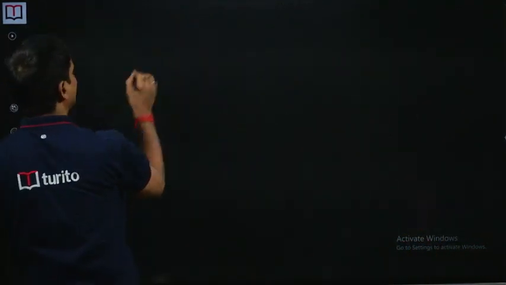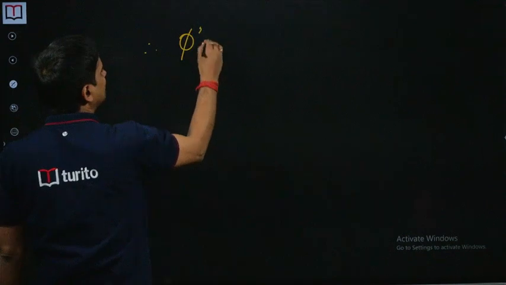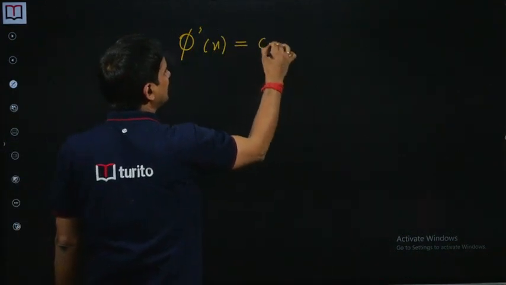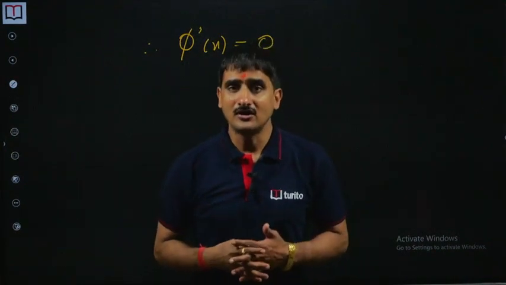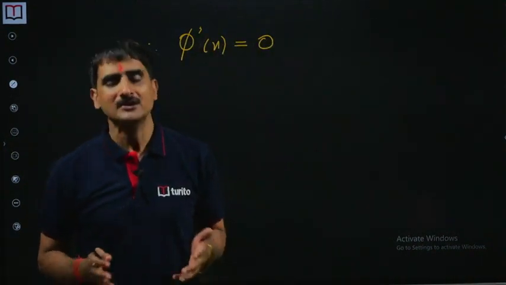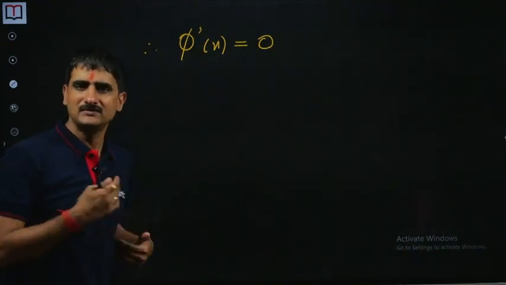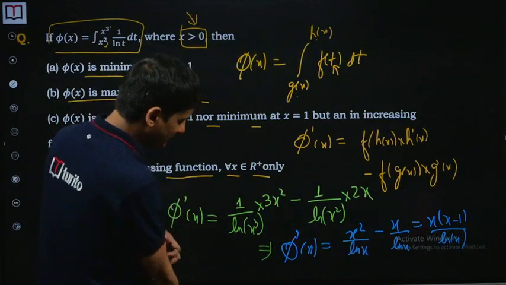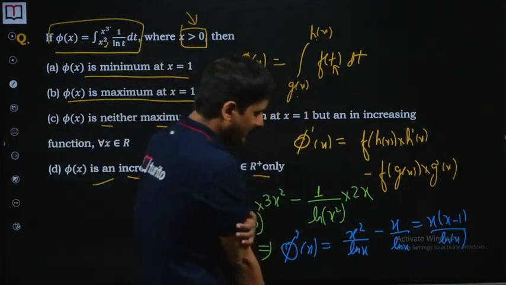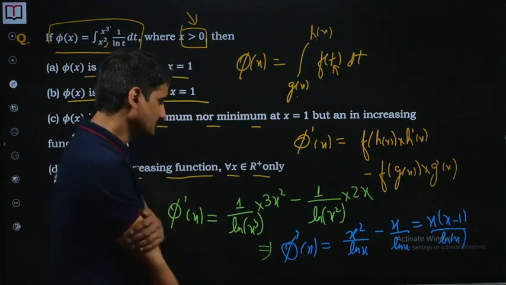So therefore phi dash x, we know the critical points are the points where either the derivative is 0 or where the derivative is not defined. So there is no case where the derivative is undefined, of course, except at x is equal to 1, because at x is equal to 1 ln x will be 0.